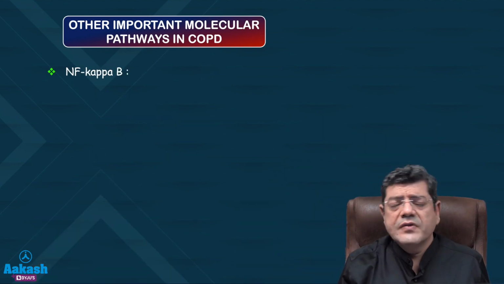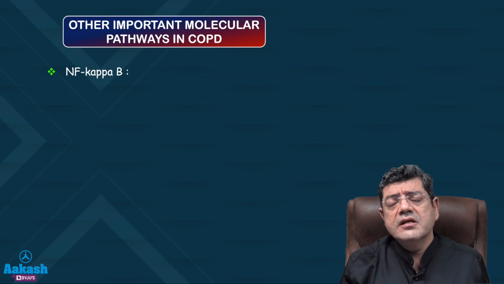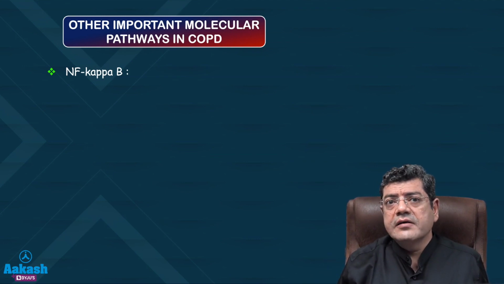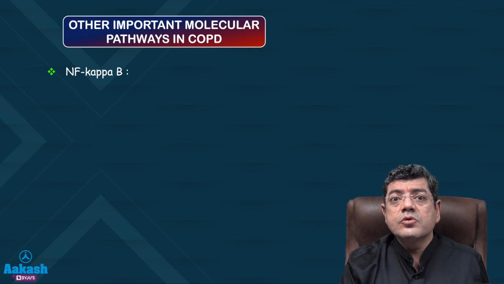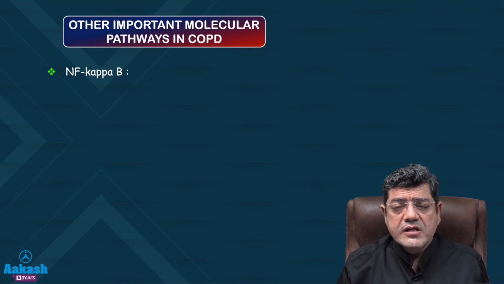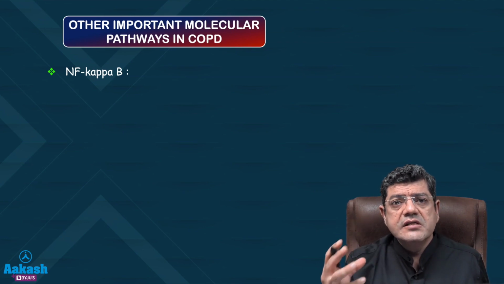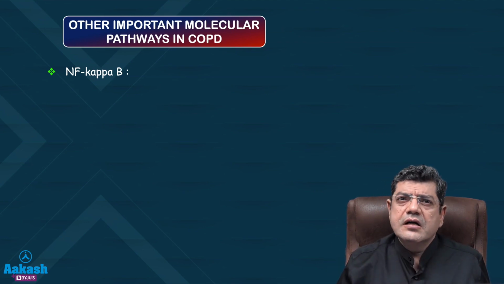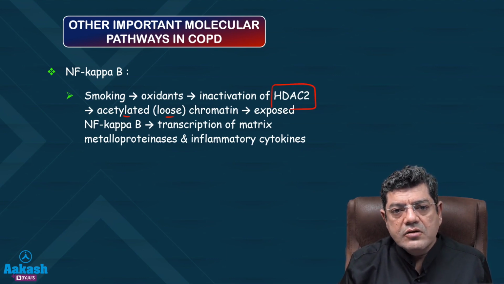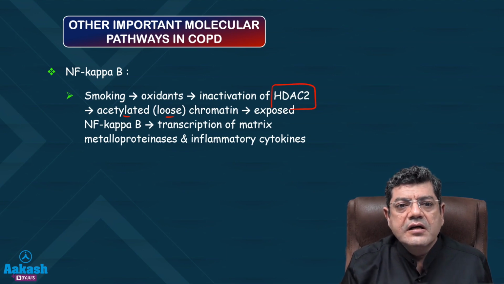NF kappa B, normally NF kappa B is not exposed in normal chromatin. Now this is why COPD is a progressive disease. Please pay attention. What happens is that with smoking, the oxidative damage, the oxidants that are produced tend to inactivate histone deacetylase, and the acetylated or loosely arranged chromatin causes the NF kappa B to get exposed.